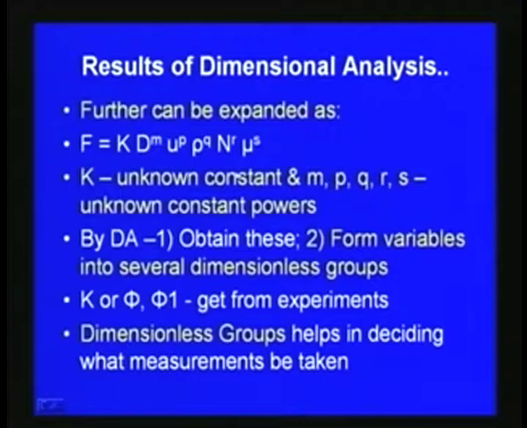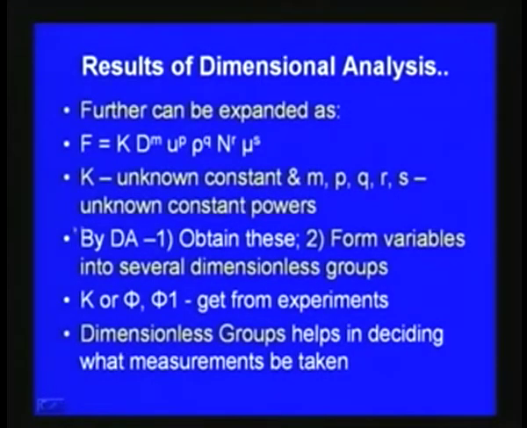Here k is an unknown constant, and m, p, q, r, s are the unknown constant powers. Through dimensional analysis we are finally finding these constant values, and then we will be able to get a relationship.